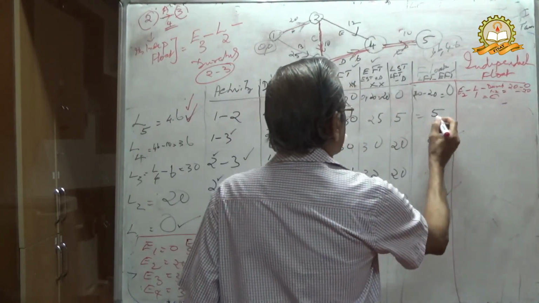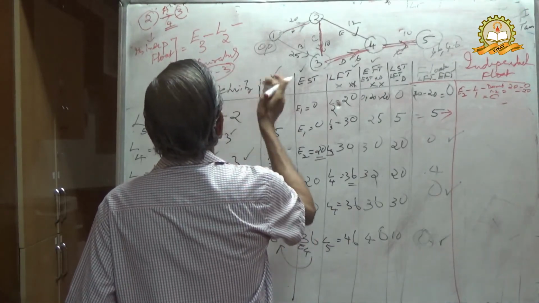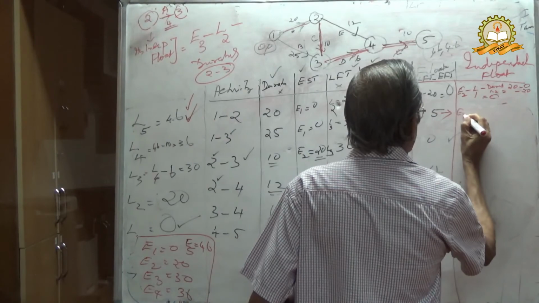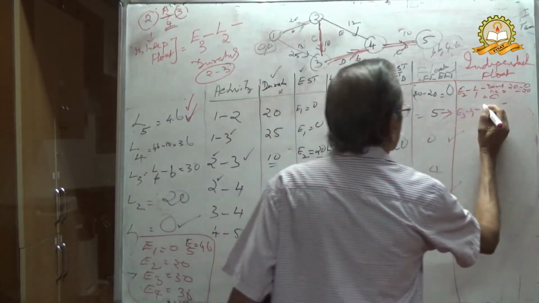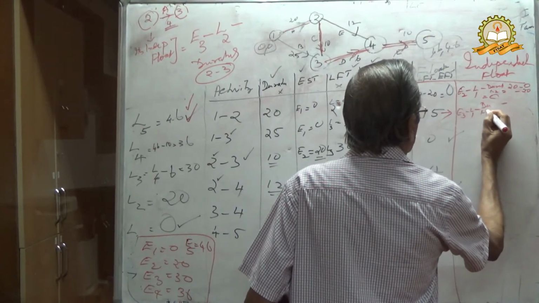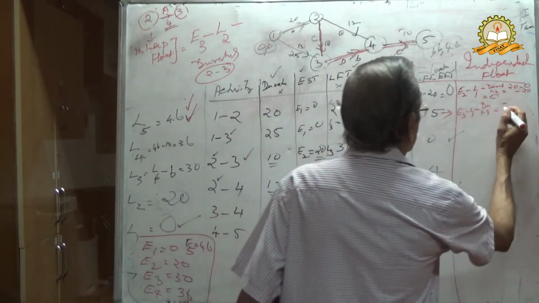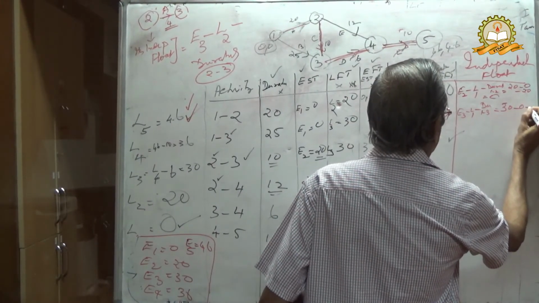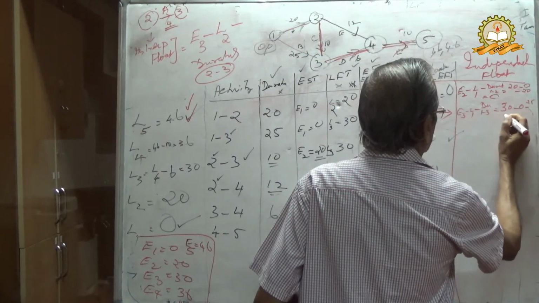Then for 1-3: E3 minus L1 minus duration of 1-3. E3 is 30, minus L1 0, minus duration of 1-3, 25, equal to 5.